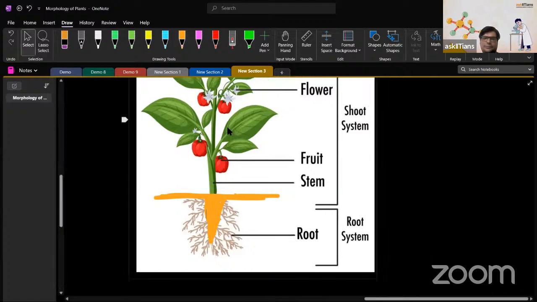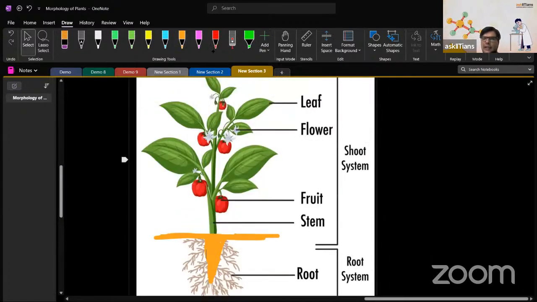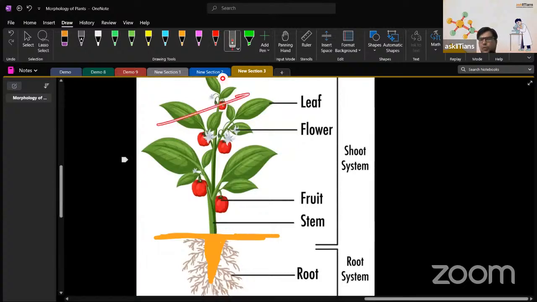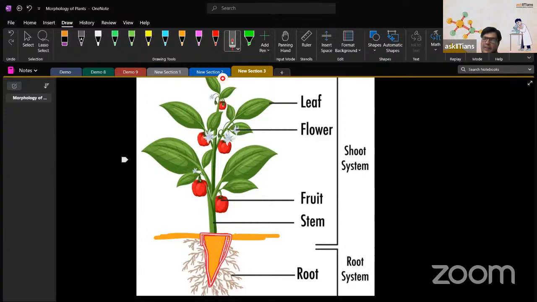Now we need to understand here that when the winter comes, the shoot system will be completely annihilated, but the plant is going to survive because it has a lot of starch stored in the roots, right? It has basically made a bunker for itself in order to survive the winters.